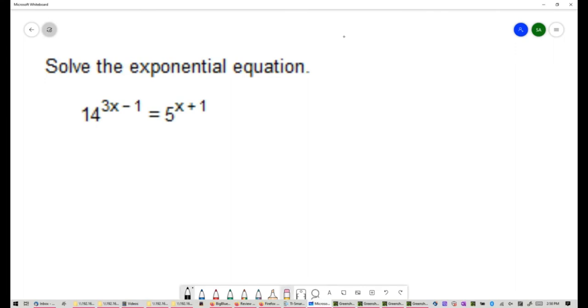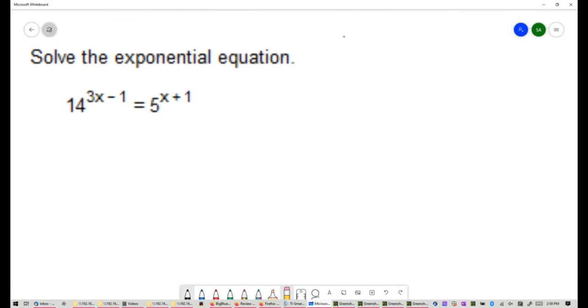On this one, we want to solve the exponential equation. 14 to the 3x minus 1 equals 5 to the x plus 1. So to solve this exponential equation, we can take the log of both sides or convert to an exponential. I prefer to take the log of both sides because it'll be easier to type in my calculator later.